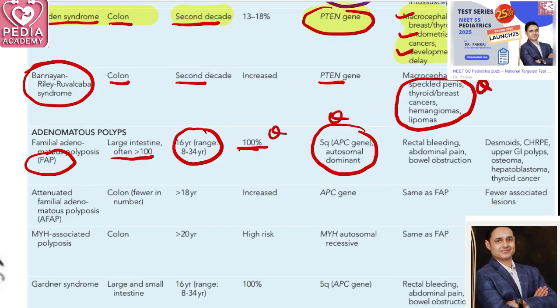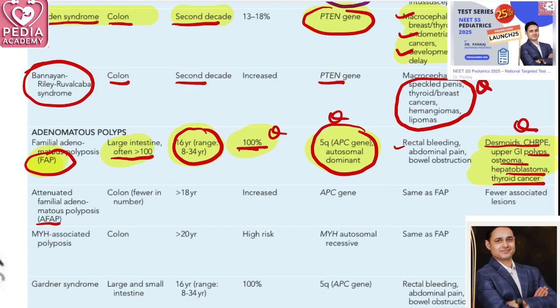Rectal bleeding, abdominal pain are seen. Along with this, desmoids, upper GI polyps, osteoma, hepatoblastoma, and thyroid cancers are also seen. This entity of FAP is asked multiple times in multiple exams, so you can't miss this. Okay. Attenuated FAP. What is attenuated FAP?